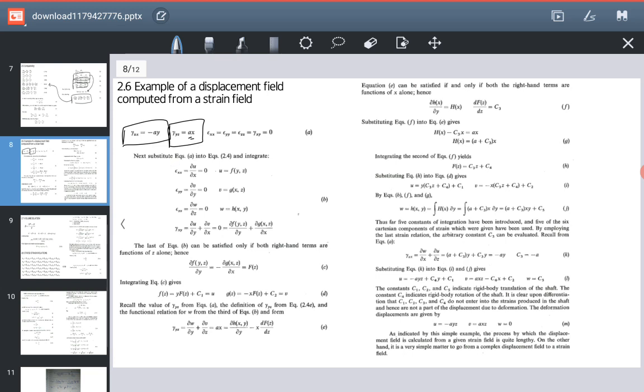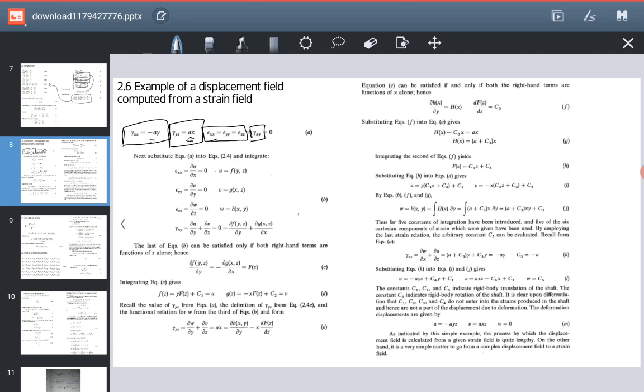And a is actually the radius of the shaft which is loaded, and the shear strain produced is given by minus ay and ax, and I guess the normal strains are equal to 0 and one shear strain is equal to 0.